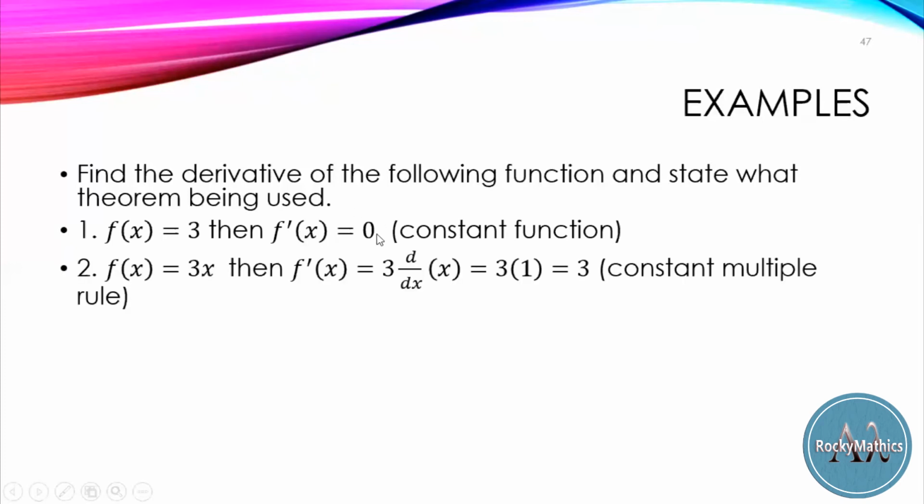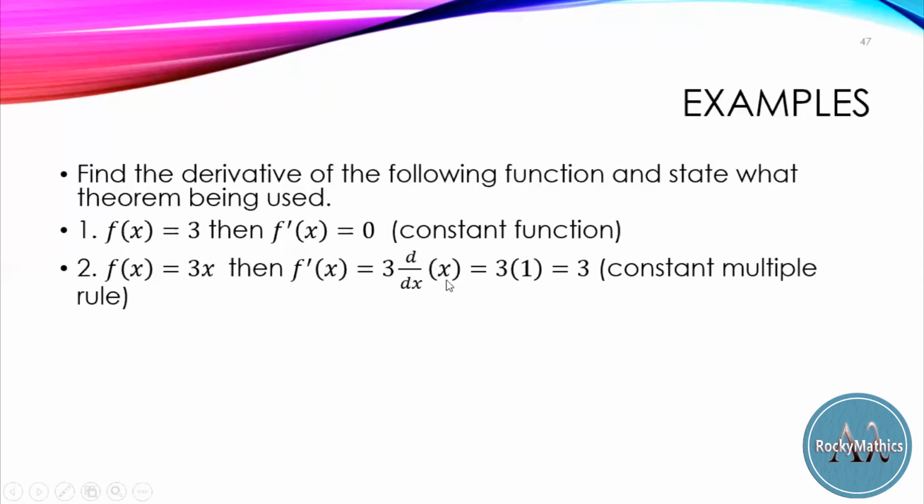Number 2, if you are given f of x is equal to 3x, then the derivative f prime of x is equal to the constant times the derivative of x. Okay, this is the notation of finding the derivative. So 3 times the derivative of x with respect to x.